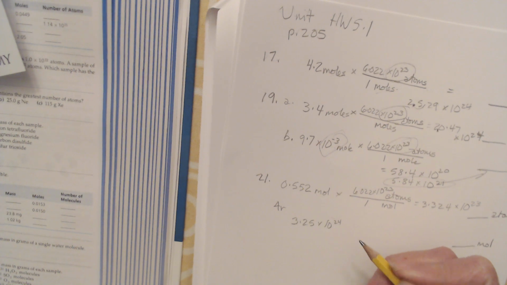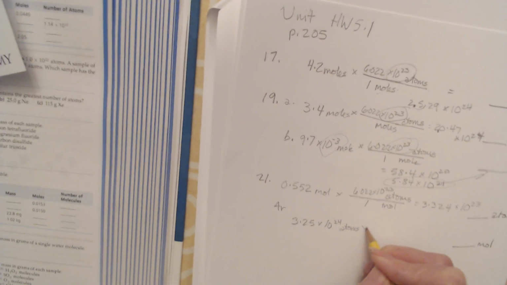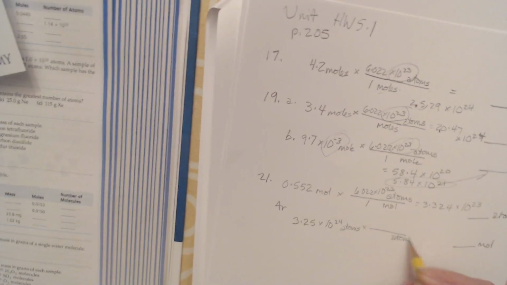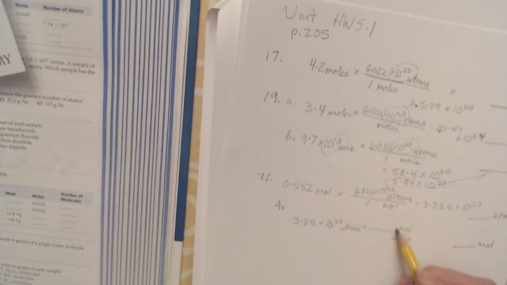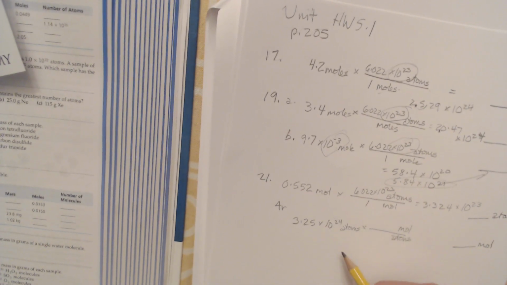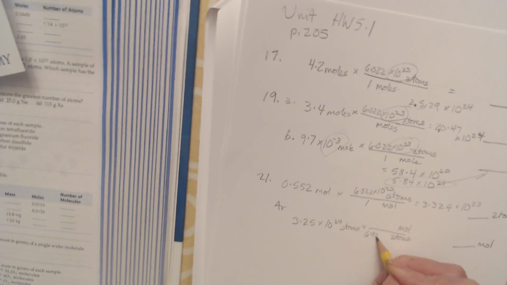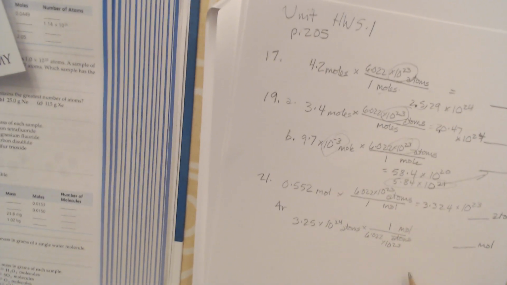And that value is atoms. So what I do now is I drive atoms down. I put mole up here, because I can translate between these two, and I'm looking for moles. And so down here I have my 6.022 times 10 to the 23rd, and that equals 1 mole.